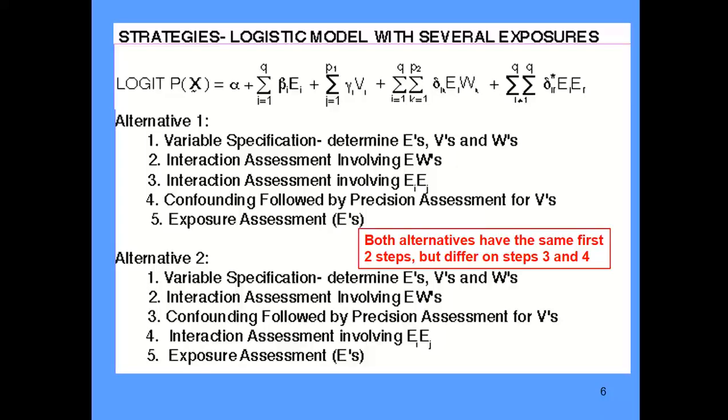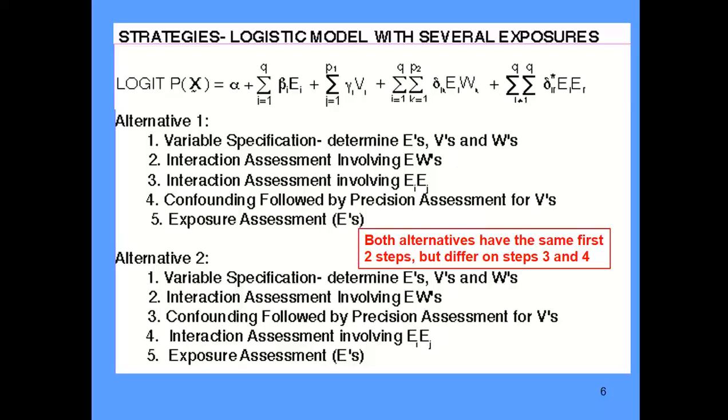But then they differ. In steps 3, 4, and 5, in alternative 1, you assess interaction before you even deal with confounding. And in alternative 2, you deal with confounding before you consider anything about the E's, whether they're E's by themselves or interactions. That's the difference between the 2.